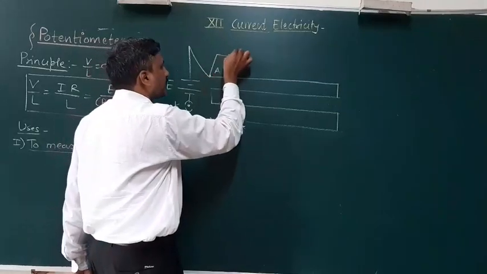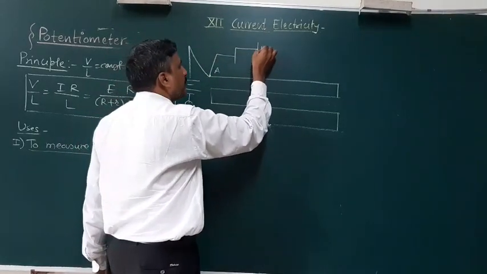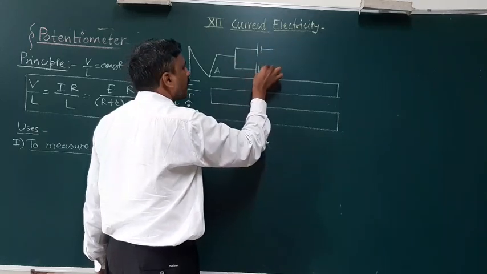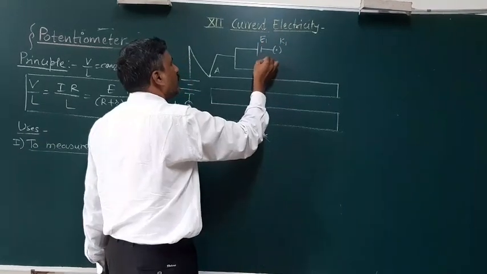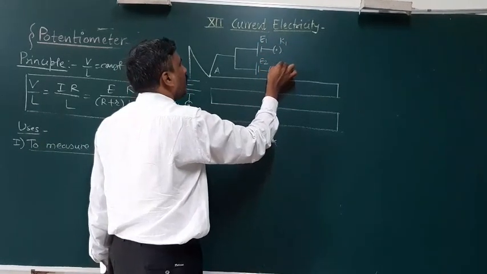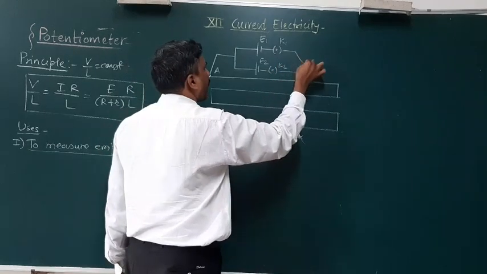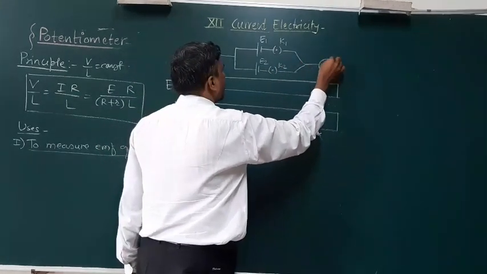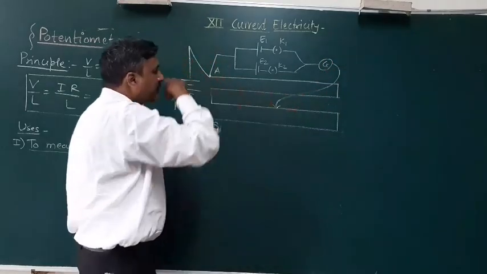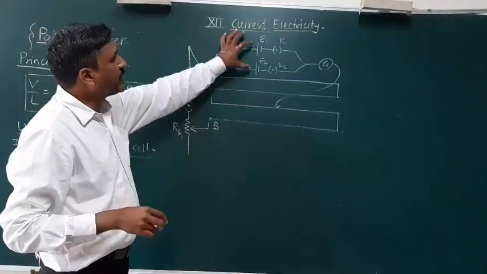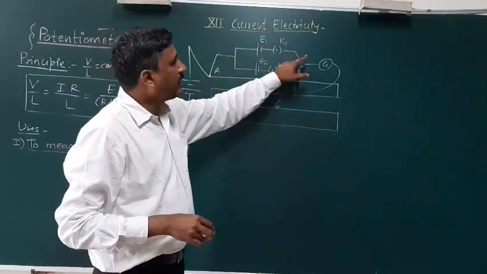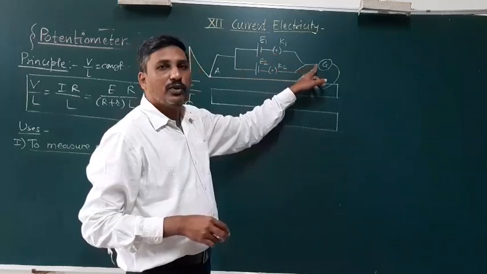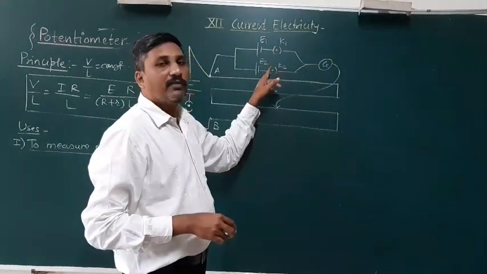Now the cells whose EMFs are to be measured or compared are connected. The positive terminals of both cells are connected to the fixed point A. The negative terminals are connected to the galvanometer through keys K1 and K2.